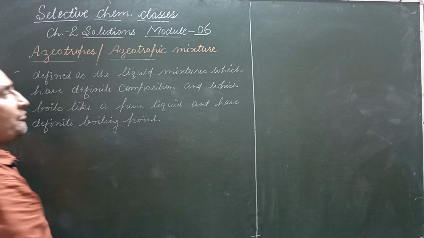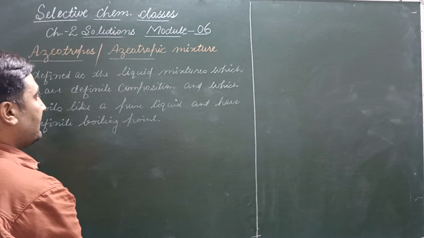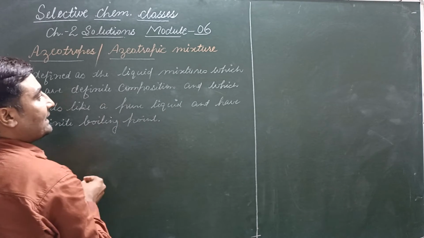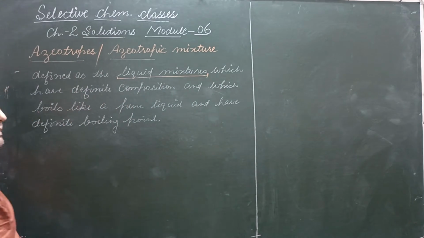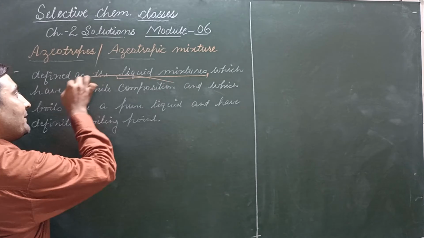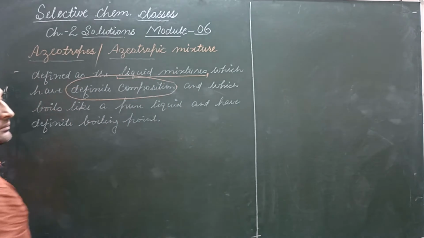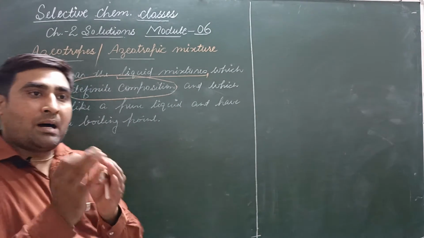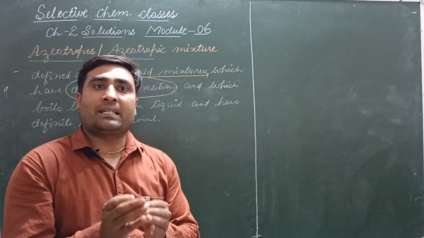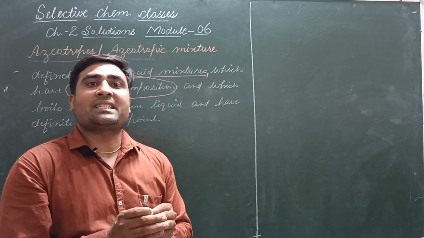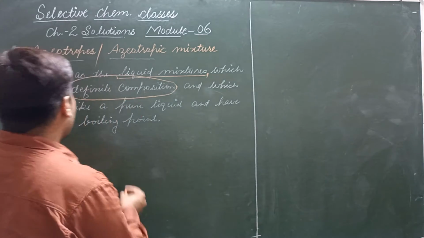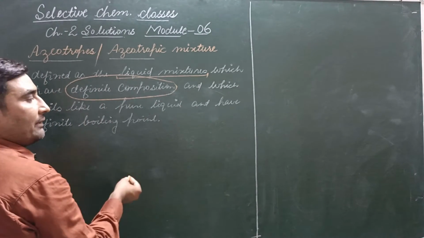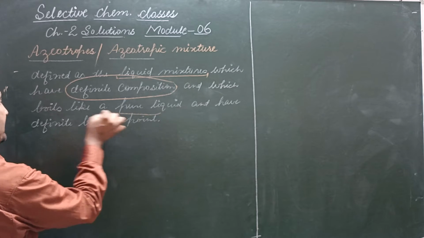So we are to keep in mind that, first, these are liquid mixtures, and they possess definite composition. It means the solute and solvent have been mixed in a definite proportion, and the mixture boils like a pure liquid with a definite boiling point.